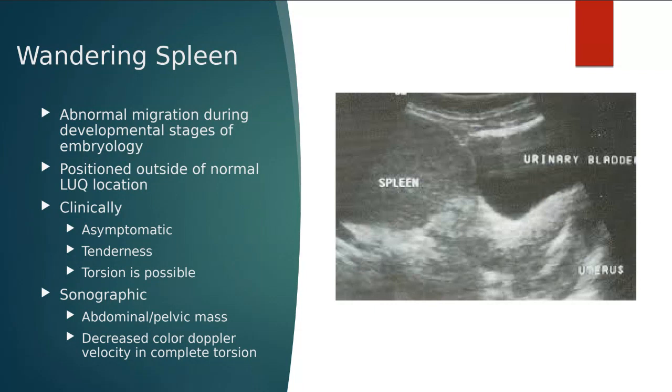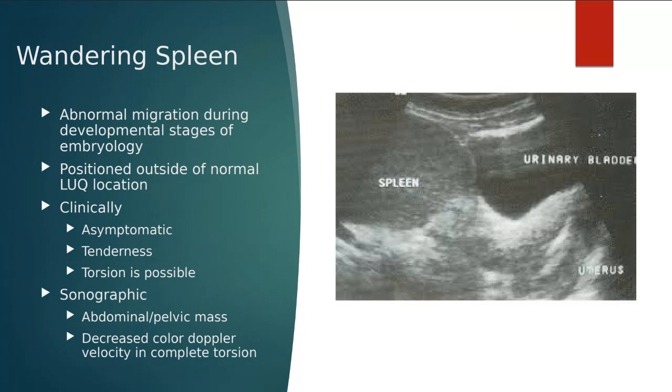This happens when we have abnormal migration during the developmental stages of embryology. The majority of our abdominal organs develop in the pelvis of an embryo, and as we grow in utero, they start to migrate upward. We remember that from our kidneys. The spleen is very similar to that.